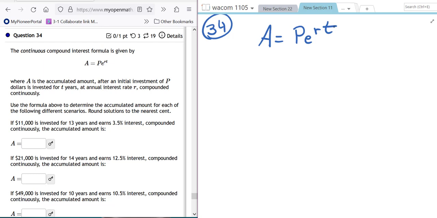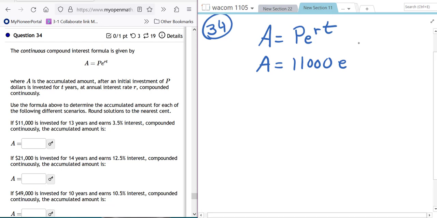It's just a plug-in. We're looking for the accumulated amount. So 11,000 here. E, your rate is 3.5. Go 2 places to the left with your decimal. So 0.035. Your time is 13.